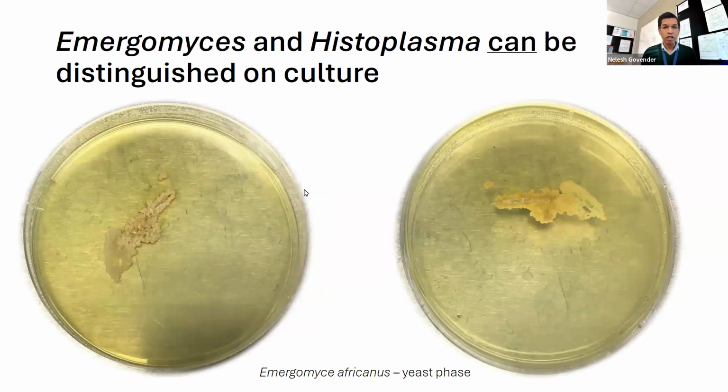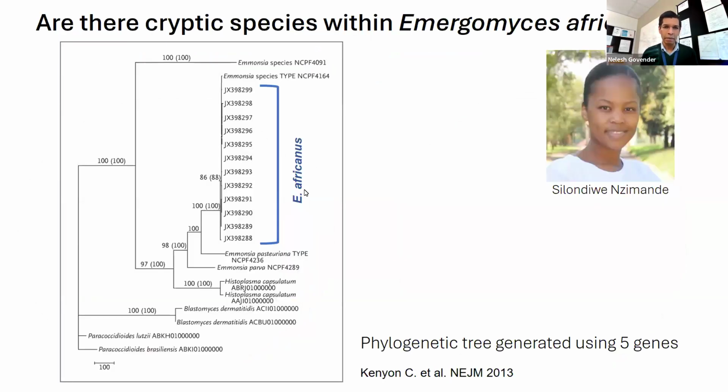And we've also got another scientist in our team who's been looking at whether there are cryptic species within Emergomyces africanus. When we initially published this paper in the NEJM back in 2013, we generated a phylogenetic tree using 5 genes.